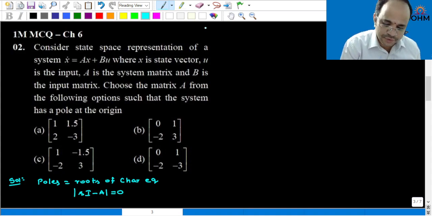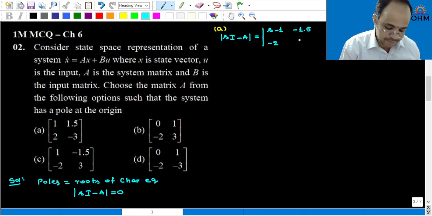Okay. Now, suppose for option A, if I check the determinant of sI minus A, you will get (s minus 1)(s plus 3) minus (1.5)(2), I hope you can follow this 2 by 2 matrix, is equal to 0.